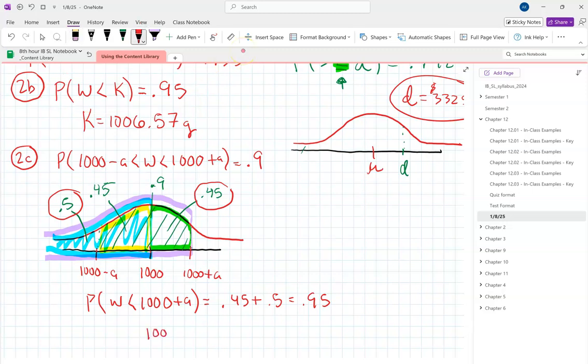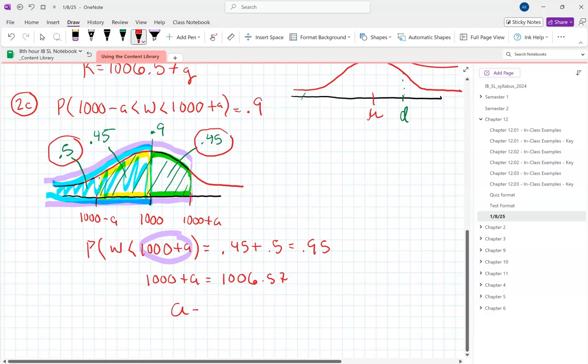So what we know then is 1,000 plus A is equal to 1,006.57. Right? So this is my K. Does that feel okay? So what's A have to be?